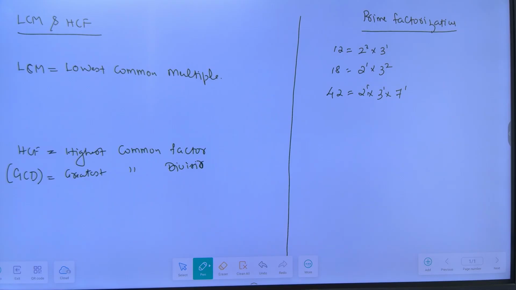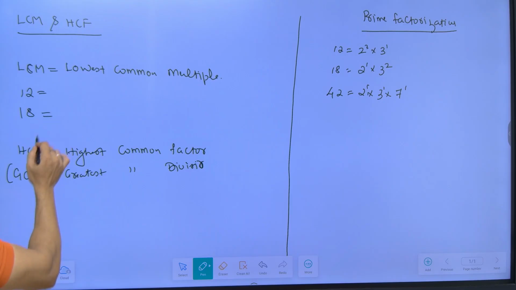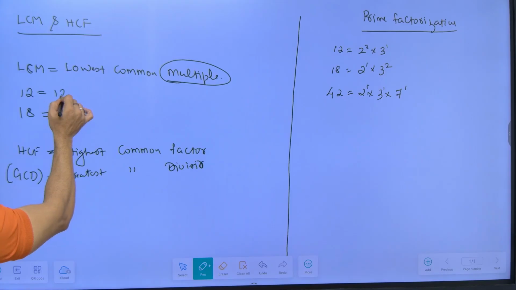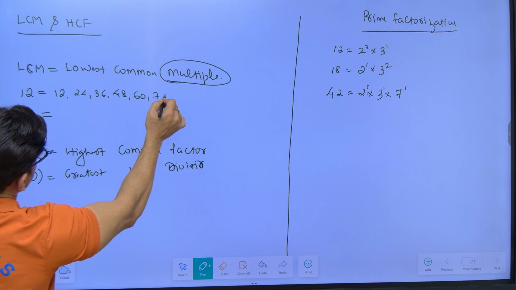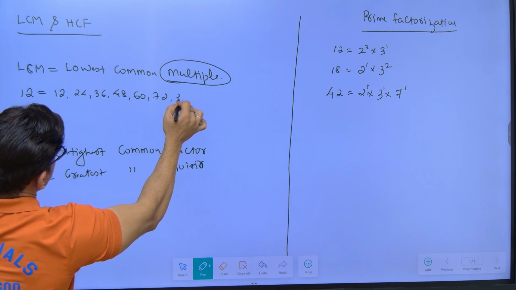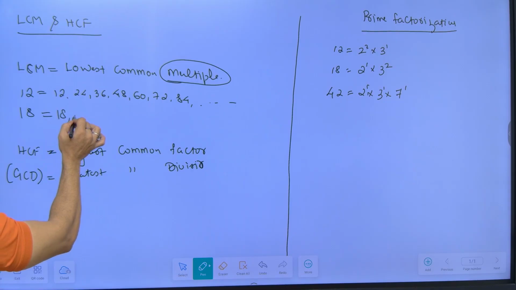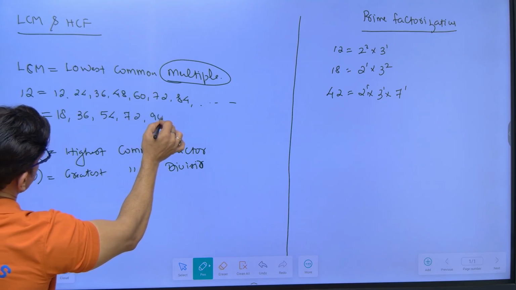Let's try to understand the meaning of LCM and how to find it. First the concept, then the shortcut. Suppose I take the two numbers 12 and 18 and ask you to find the LCM of these two numbers. LCM means I have to write down the multiples first. Multiples of 12 are 12, 24, 36, 48, 60, 72, 84, and so on. Multiples of 18 are 18, 36, 54, 72, 90, and so on.